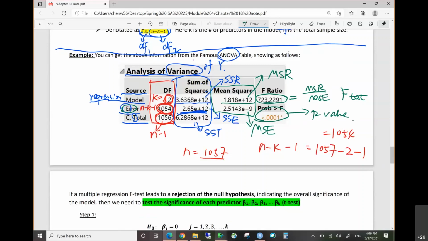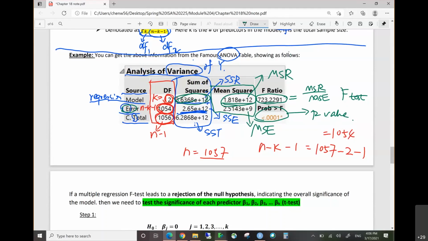All right, so you need to know the relationship between these entries. You need to know where these entries come from, right? For example, if I gave you the sum of squares here, you need to know how you get this mean square. You need to understand the relationship.